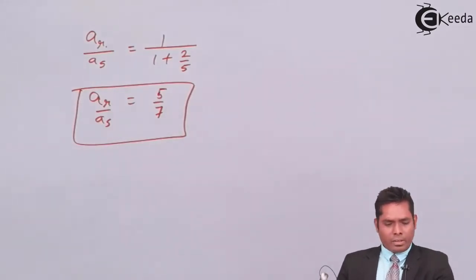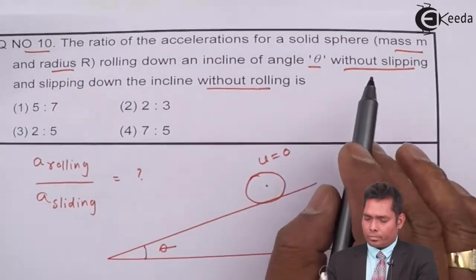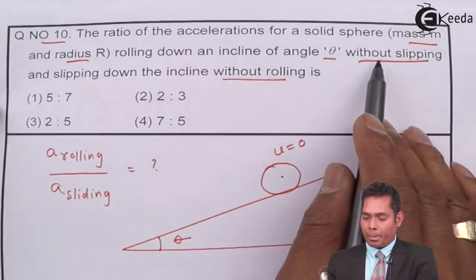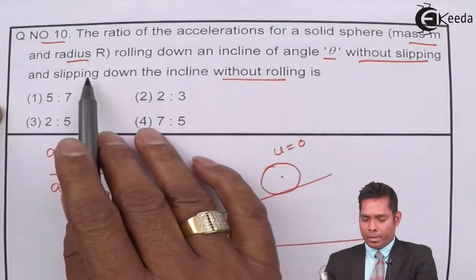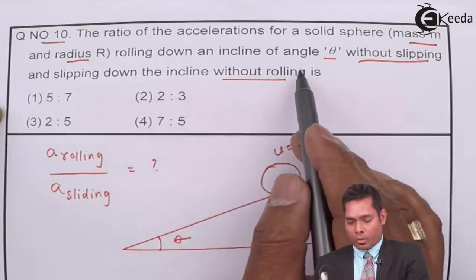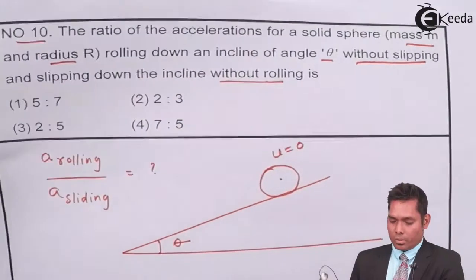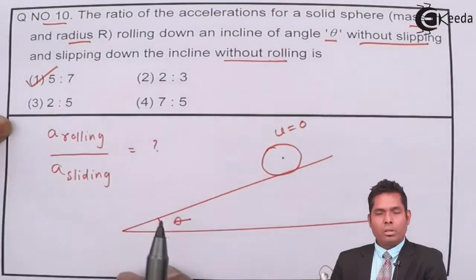So 5 over 7 is the answer to this question: without slipping, only rolling, versus slipping down the incline without rolling, only sliding down.